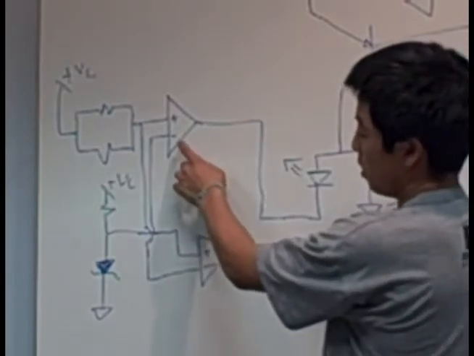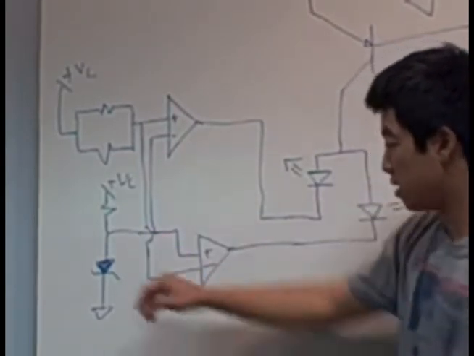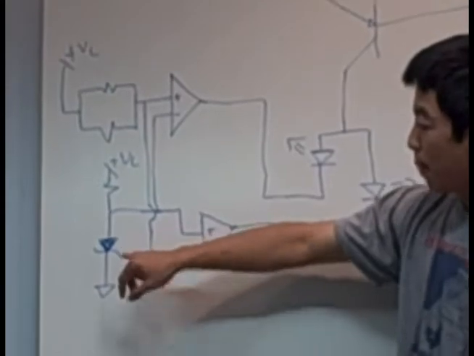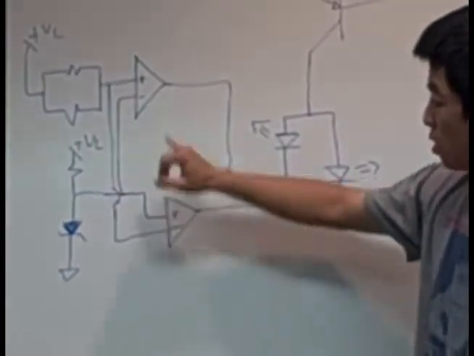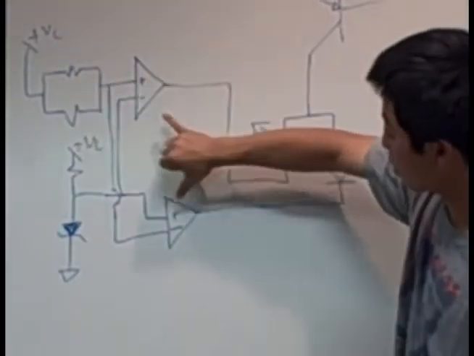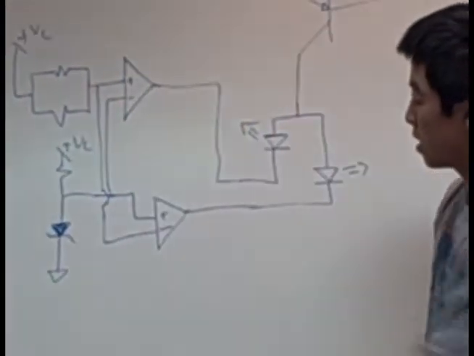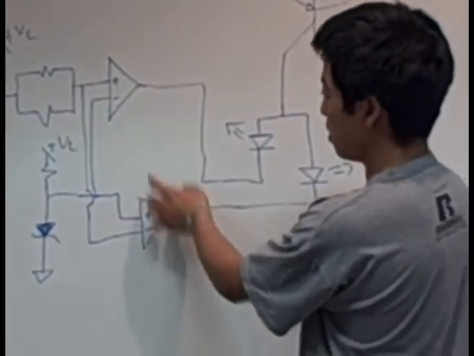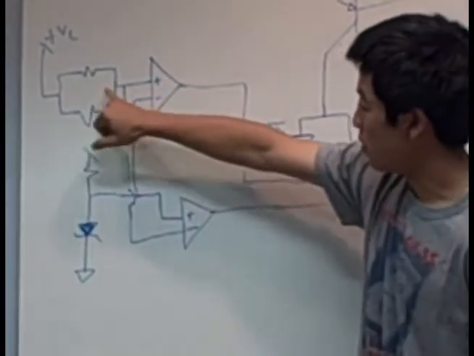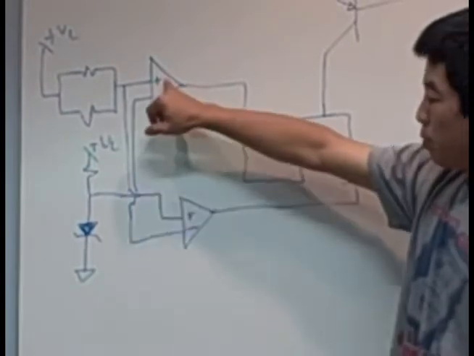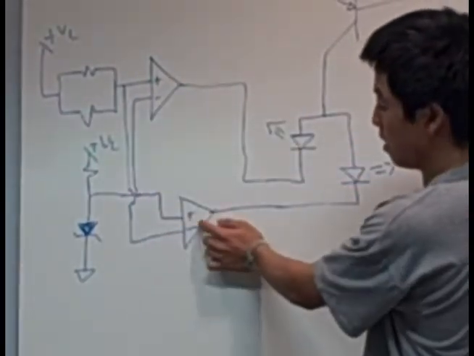And this other input is from the reverse biased Zener diode, which will output a voltage of 0.6 volts. Both comparators have the same inputs except on different terminals. This one has the voltage from the voltage divider as the plus input, and this one has it as the minus input.